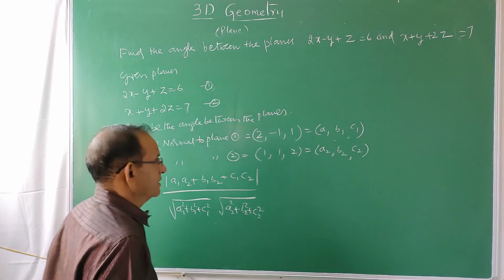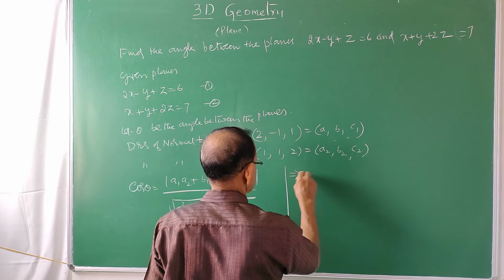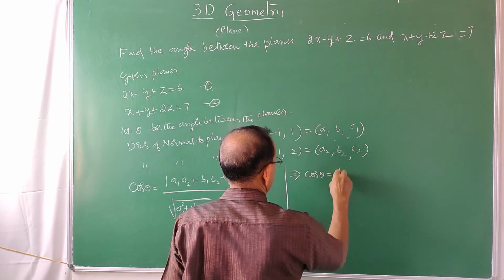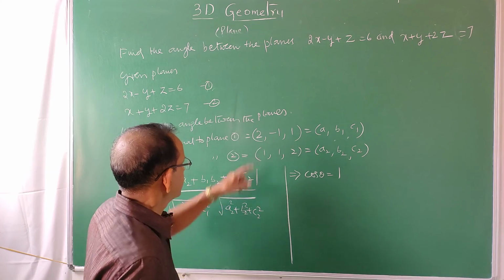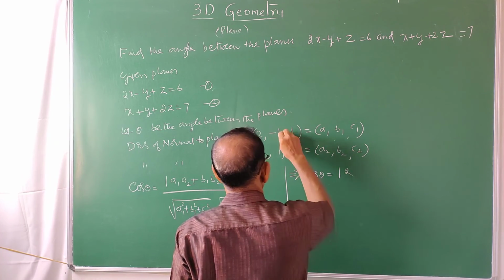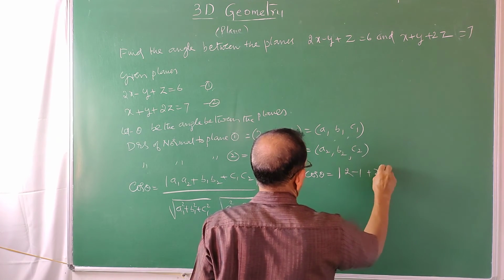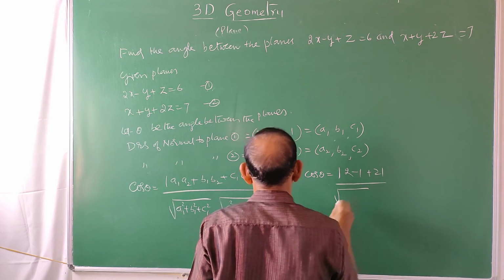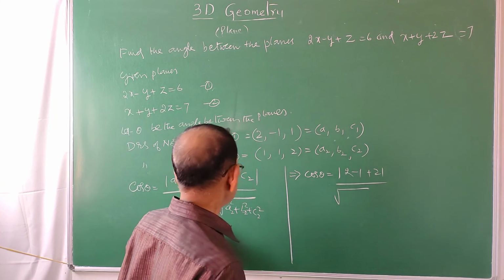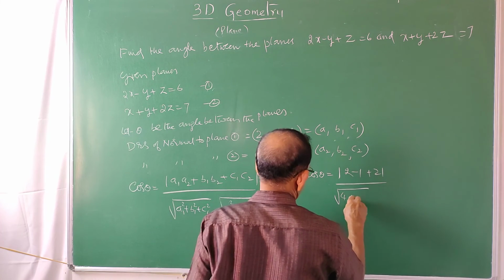That implies cos theta is equal to modulus of 2 into 1 is 2, plus -1 into 1 is -1, plus 2, divided by root of 4 + 1 + 1.